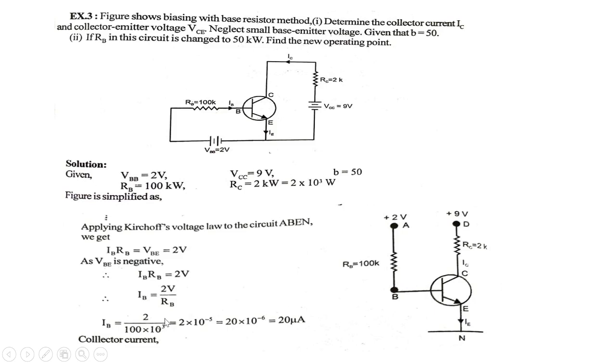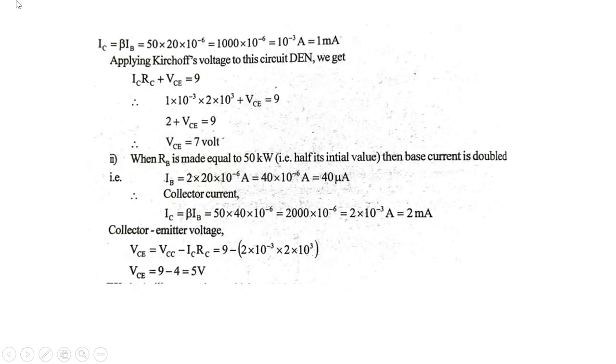Therefore IB equal to 2 volt upon RB, and therefore IB equal to 2 upon 100 into 10 raised to 3 equal to 2 into 10 raised to minus 5, that is equal to 20 into 10 raised to minus 6, that is equal to 20 microampere. So collector current IC equal to beta IB, that is equal to 50 into 20 into 10 raised to minus 6, that is equal to 1000 into 10 raised to minus 6, that is equal to 10 raised to minus 3 ampere, that is equal to 1 milliampere.